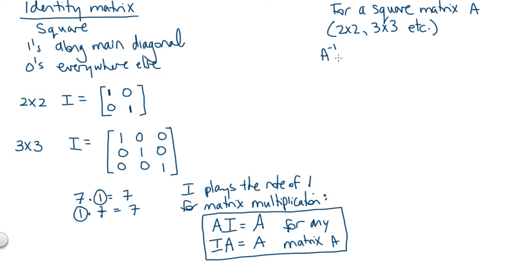Now when we read this, we call it the inverse of A. So the inverse of A has the following properties. If we take A times A inverse, we get the identity matrix. And if we do the calculation in the other order, if we did the inverse of A times A, we still get the identity matrix.